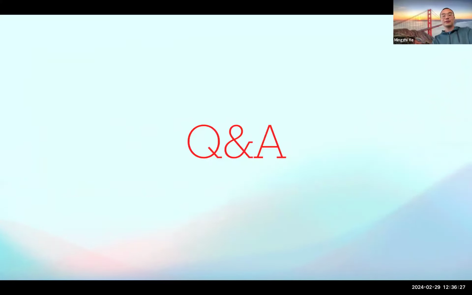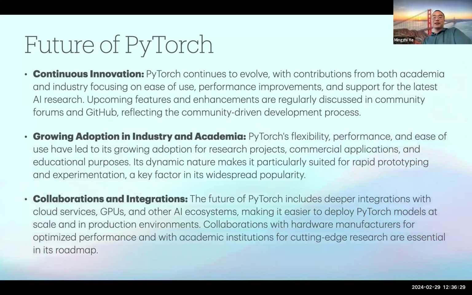And also, the future of PyTorch includes deeper integration with cloud services, GPUs, and other AI systems. This is because it requires a lot of resources to conduct the training for the models.